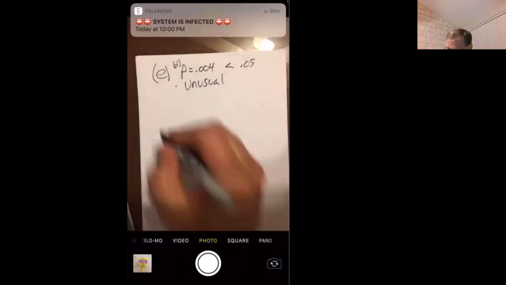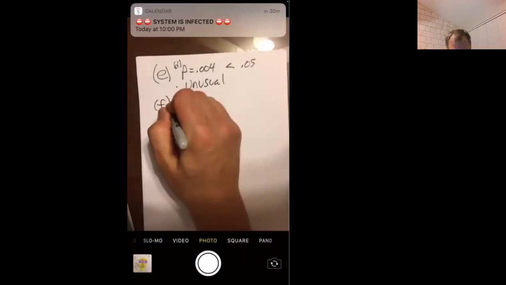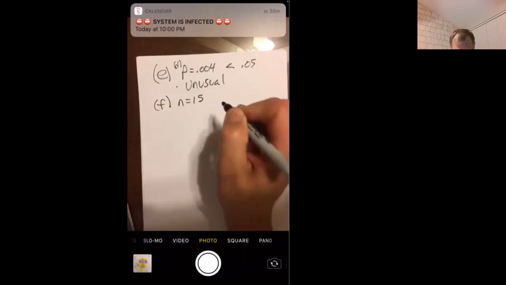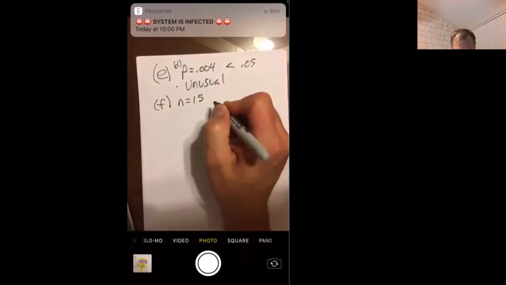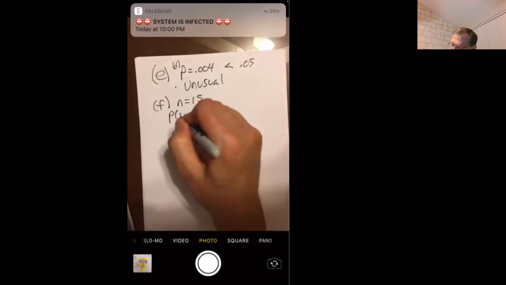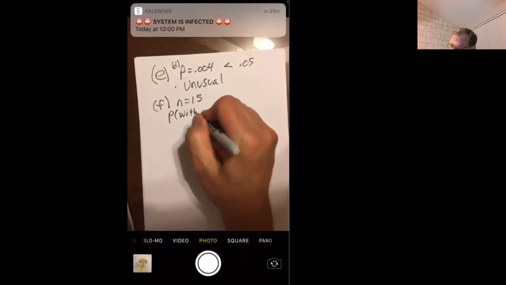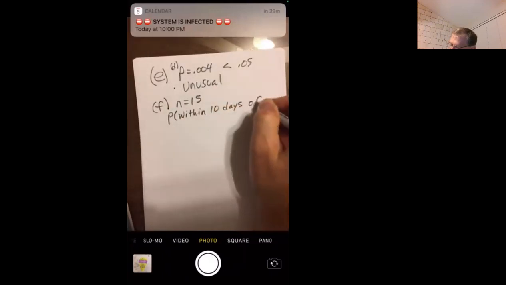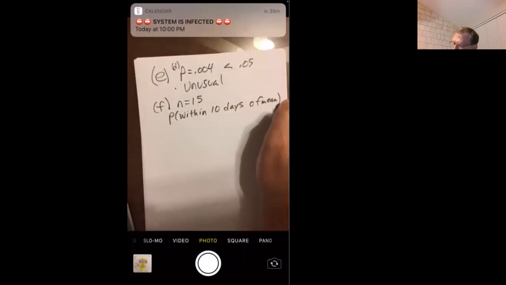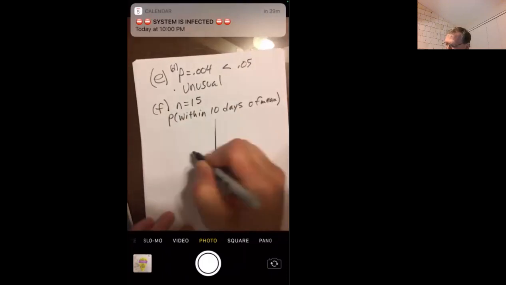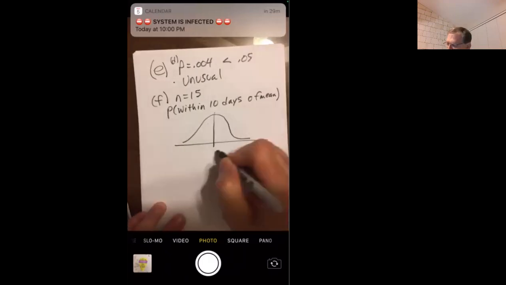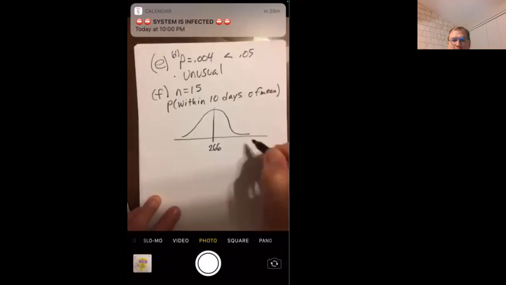Now in F, he changes the sample size to 15, and you want a probability within 10 days of the mean. So if you picture that, 266 at the center.